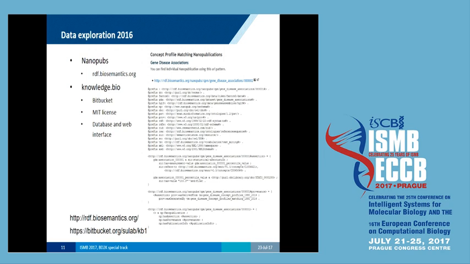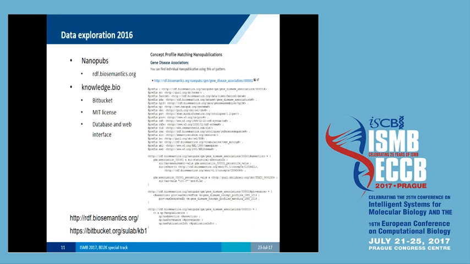Another thing that we did, because this is of course not really very usable for humans, except for data scientists, is that we also collaborated with the Scripps Institute on the knowledge.bio application.